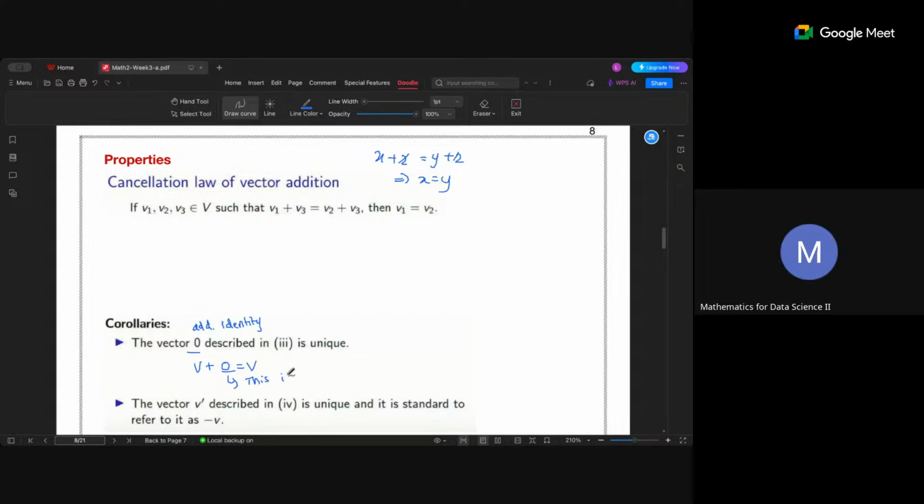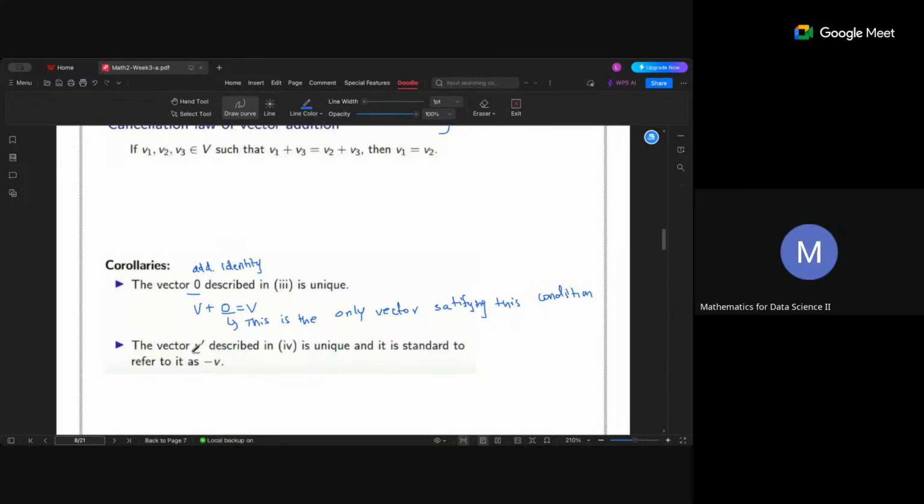Only one vector satisfies this equation, this condition. That is the meaning that this vector is unique. Okay, and similarly, the inverse is also unique in this sense. The vector which satisfies this condition, this is also unique.